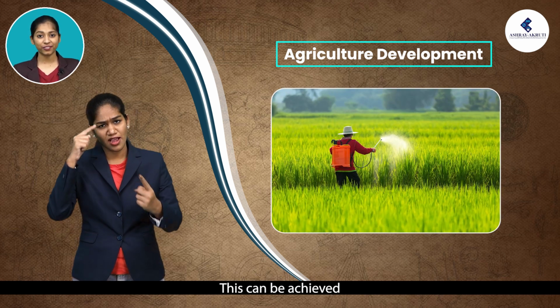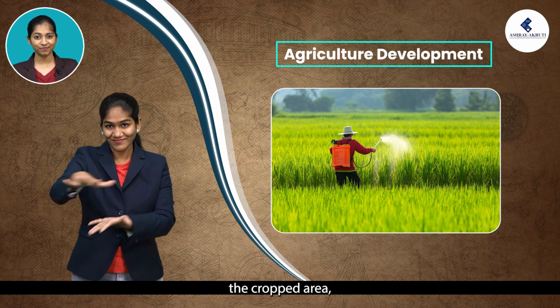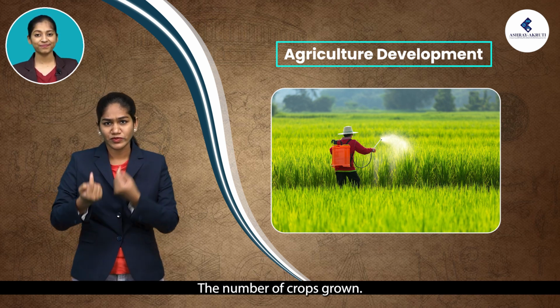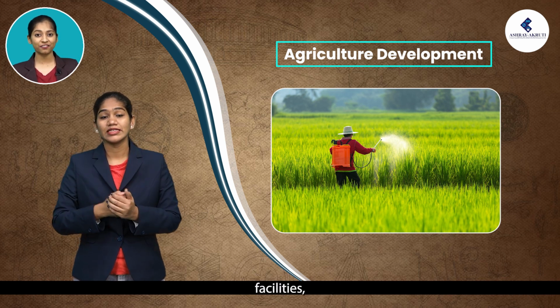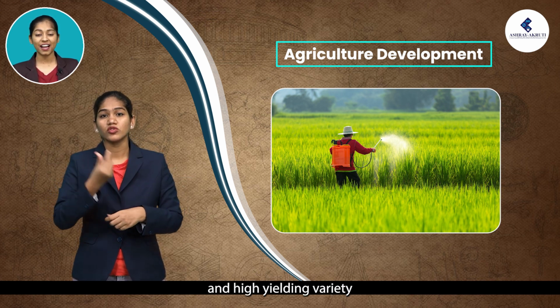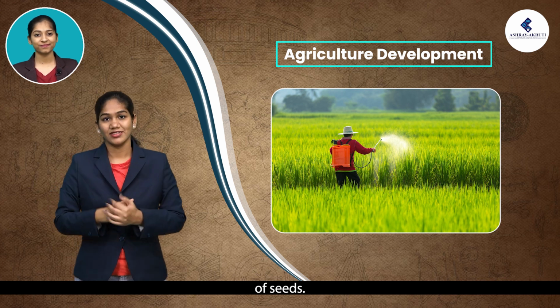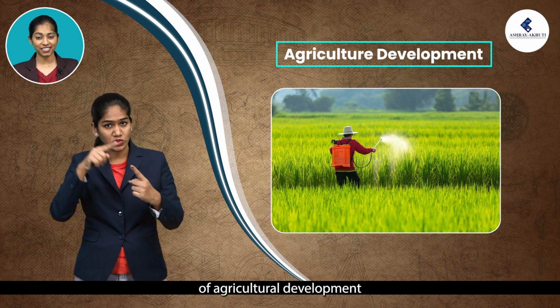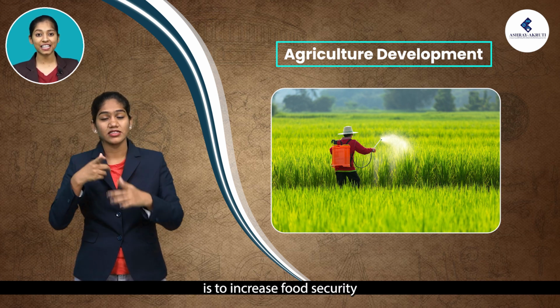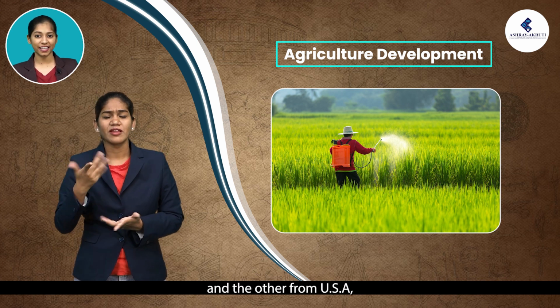This can be achieved in many ways, such as increasing the cropped area, the number of crops grown, improving irrigation facilities, use of fertilizers, and high-yielding variety of seeds.